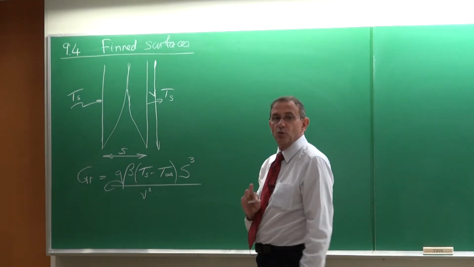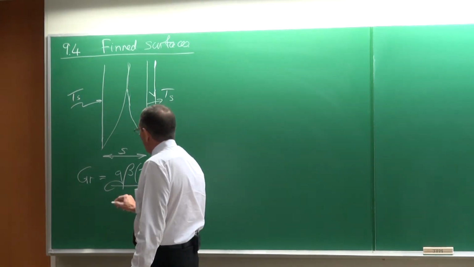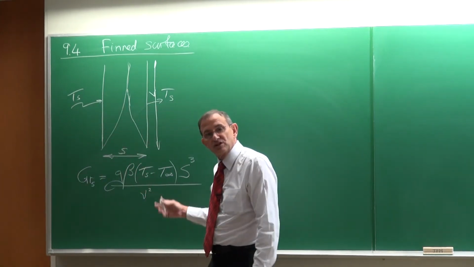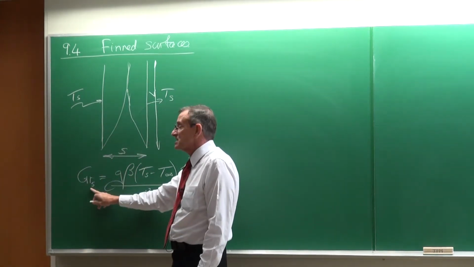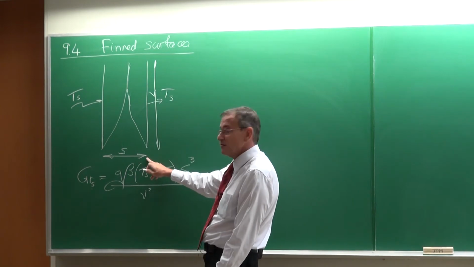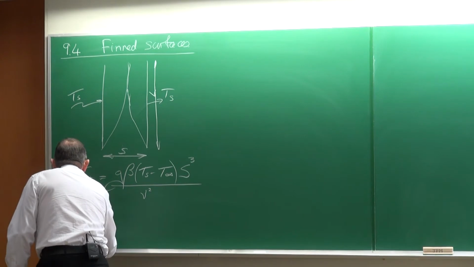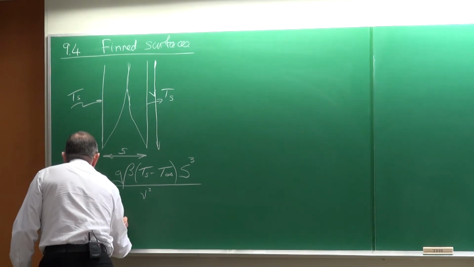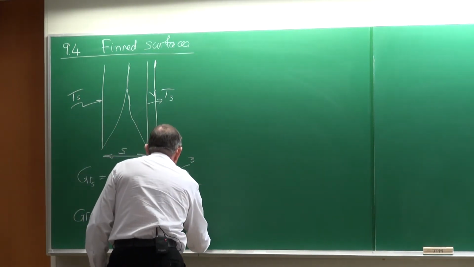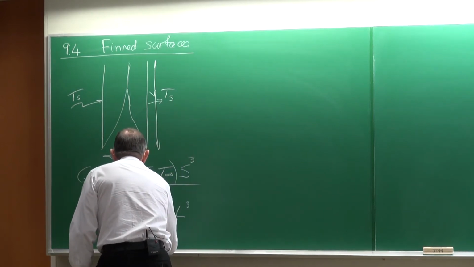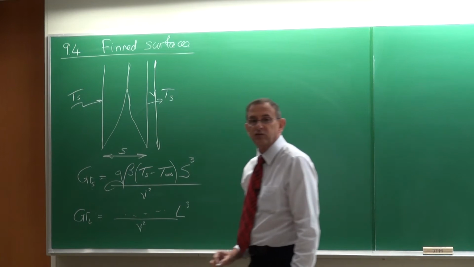Now it's very, very important to take note of what we would do here. So this would indicate we are using S as the characteristic length, but then there will be other cases where we will rather use L as the characteristic length. And then there we will of course have L to the third. So you have to be very careful for that.